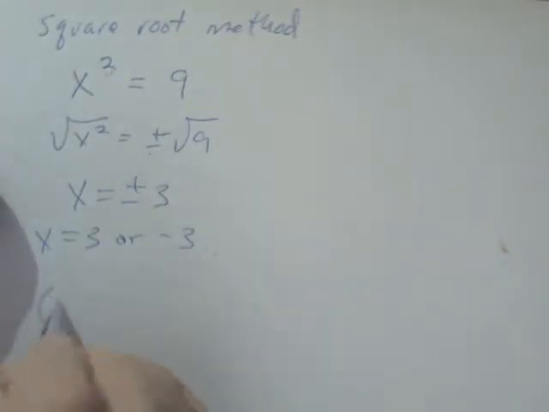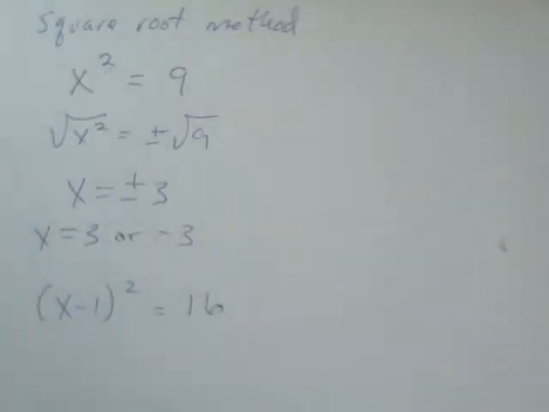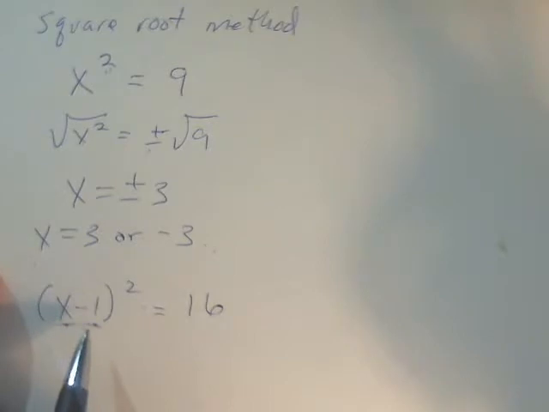Now, if you're given a quantity squared equal to a value, let me see if I can turn this light on if that helps us, then this is still a perfect square of one term. If we squared it out and subtracted, we could still factor or use the quadratic formula, but this is going to save us some time.